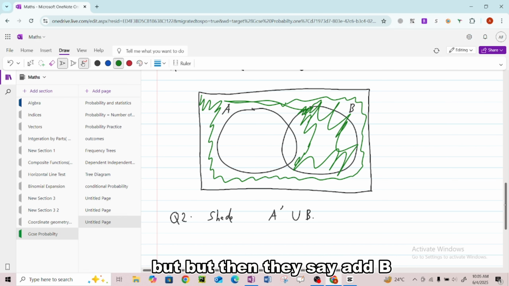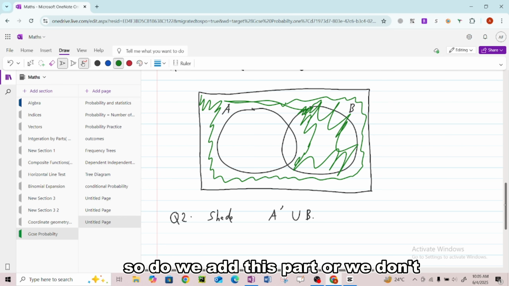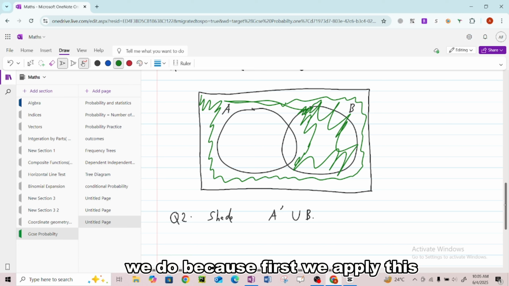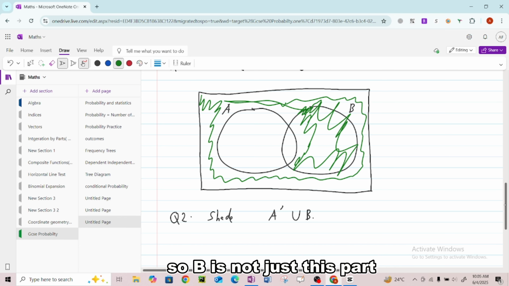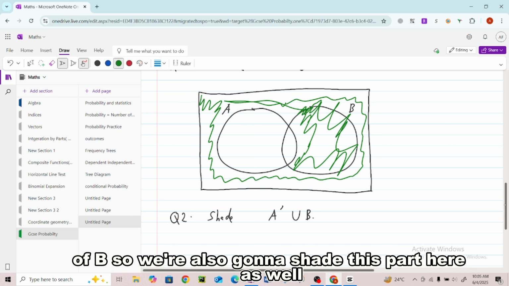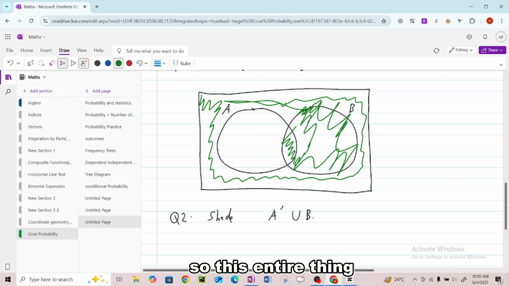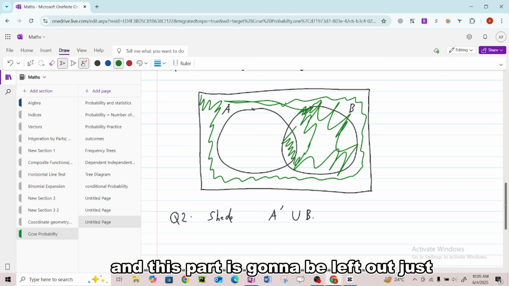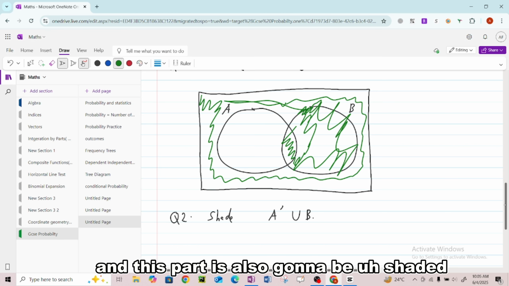But then they say union B. So do we add this part? We do, because first we apply this, then whatever the next part says, we have to do that as well. B is not just this part, B is also this small part here, because this is the entire circle of B. So we shade this part as well, and this part is also going to be shaded.